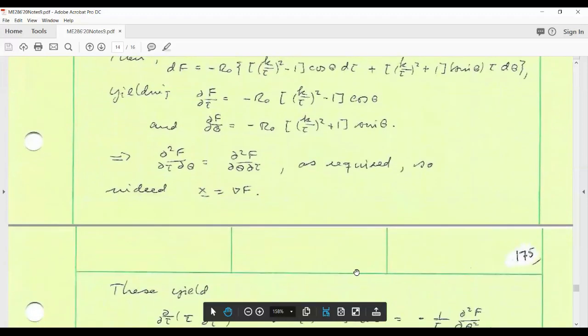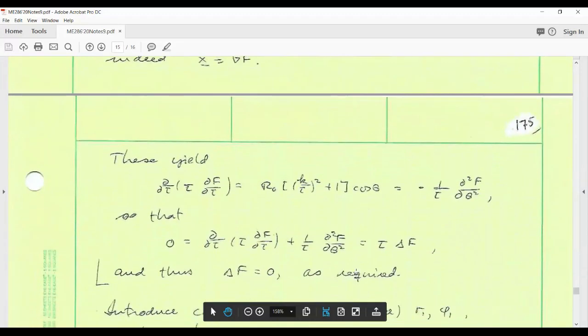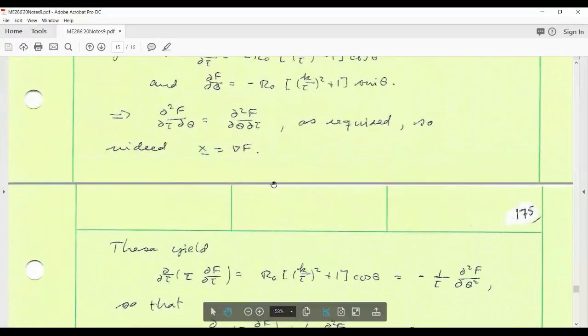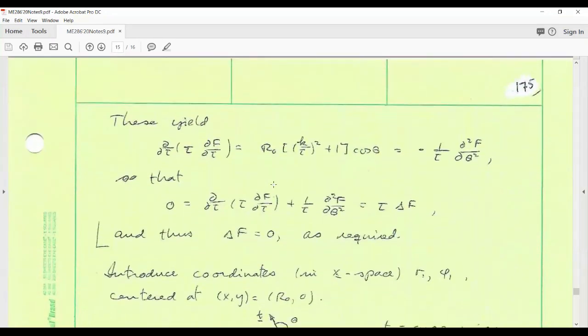What remains to confirm is that the Laplacian of that f is 0. With these expressions for df d tau and df d theta, you can verify these statements here. D tau of tau df d tau is this. That's also minus 1 over tau d squared f d theta squared.